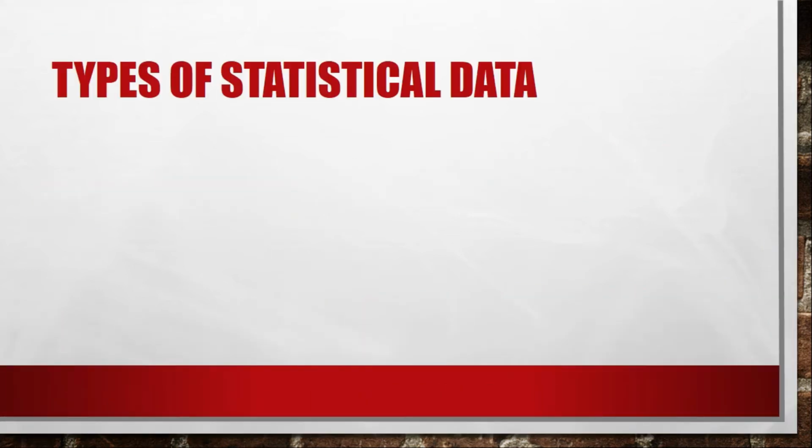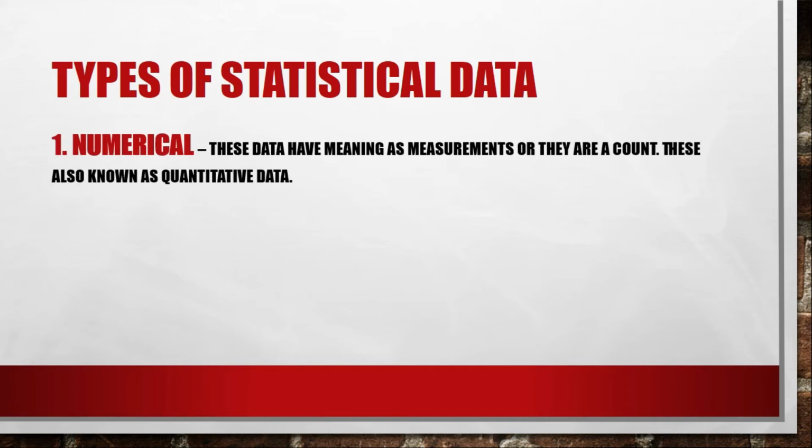There are different types of statistical data. In your higher statistics, you will encounter nominal, ordinal, interval, and ratio. But since you are still on the basics, let's have the three first. And number one, we have numerical data.